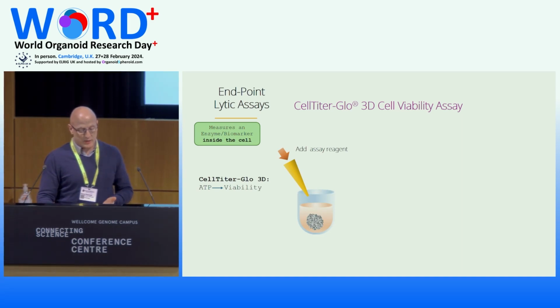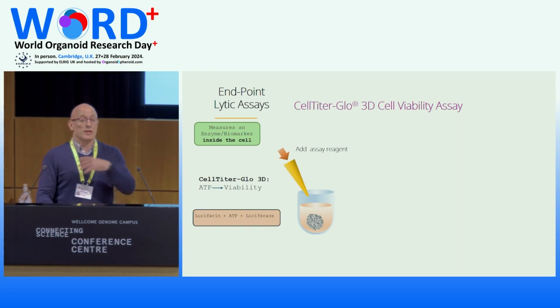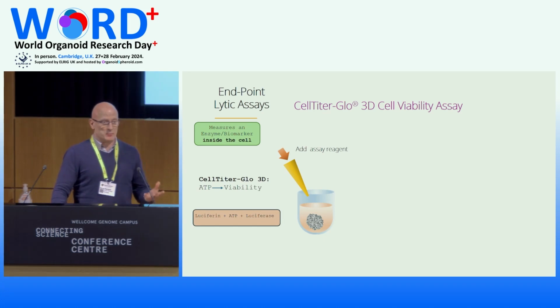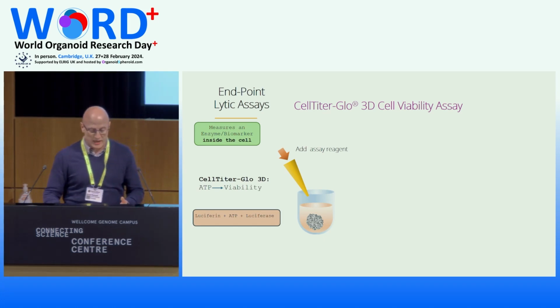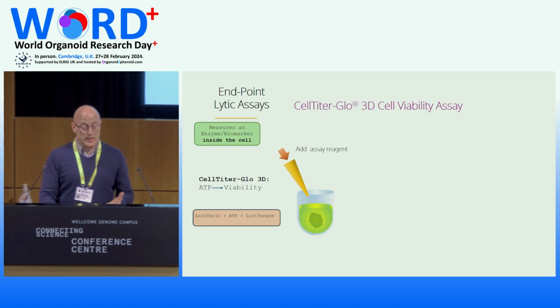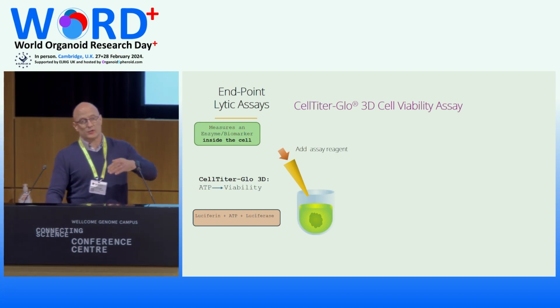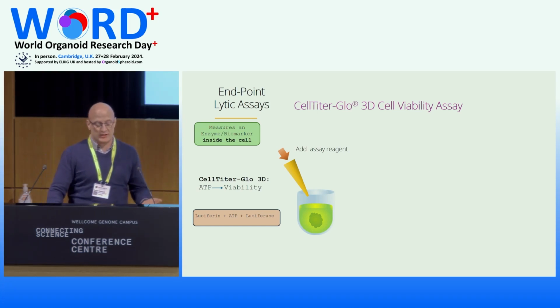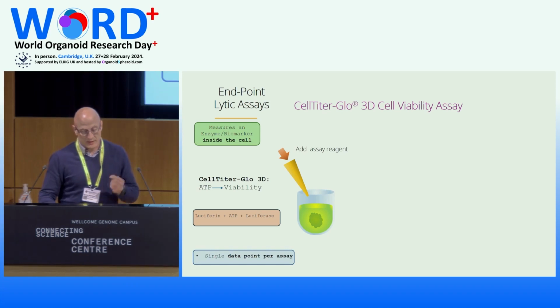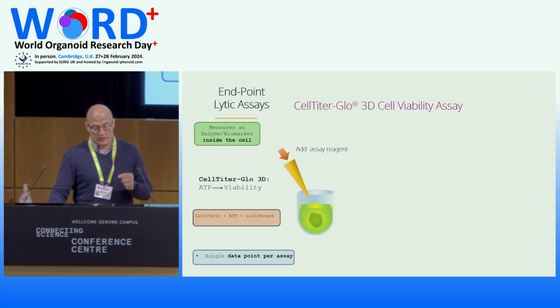You add in the assay reagent that lyses the cell. It releases ATP. That ATP is used in a luciferase-luciferin reaction to produce a luminescent signal. And that luminescent signal is proportional to the amount of viable cells you have in culture. Now, with these assays, you generate a data point per assay.